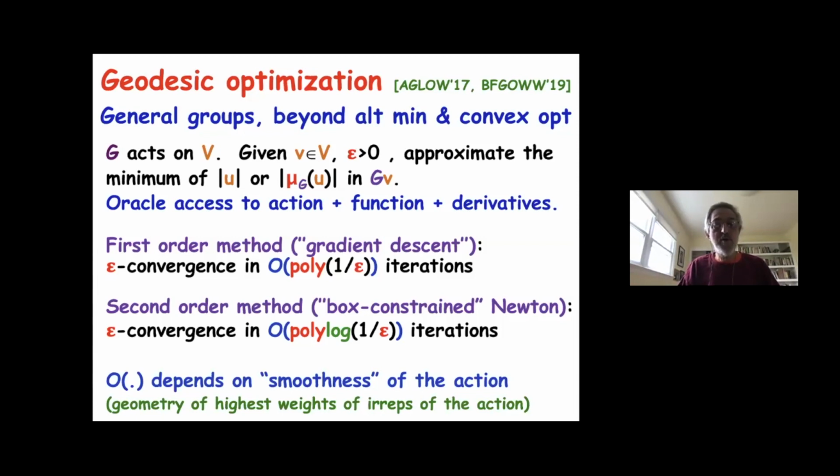And what you need to do to analyze it is to understand the irreducible representations of the action and compute the highest weights, and they give you, after a lot of work, something actually quite elegant, very simple parameters of the action that control this big O notation. Okay, I have one more topic for the last 15 minutes, and any questions for that?